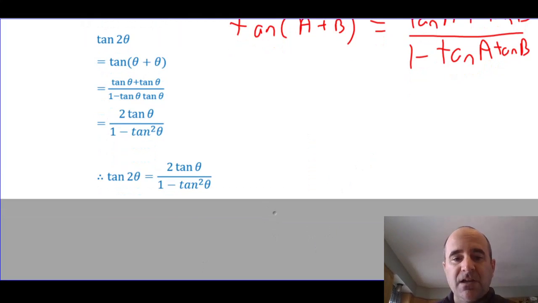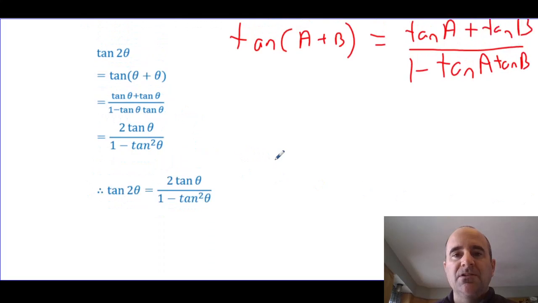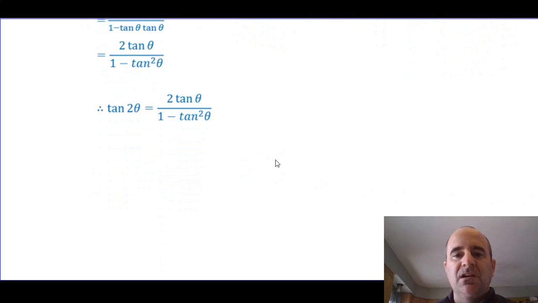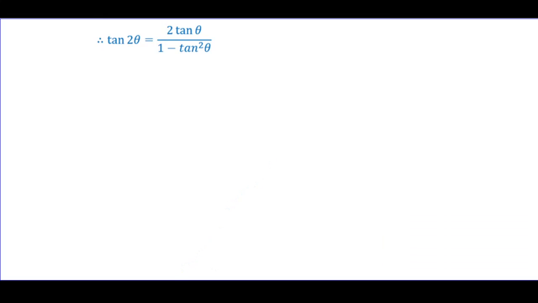Now, if you're deriving that yourself, there are other ways to do it. Instead of doing it this way, I'll show you how we do that a different way. You could have said tan 2 theta is equal to sine 2 theta over cos 2 theta.